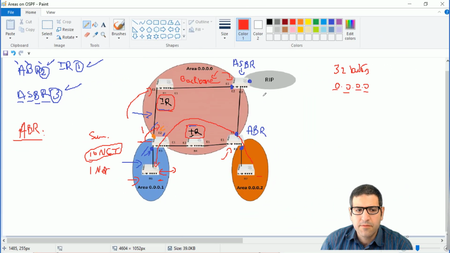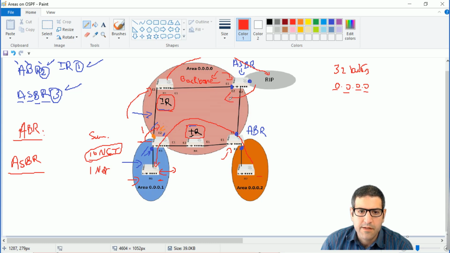Now, another thing to mention here about the ASBR. As we've seen here, it's connected to RIP. What the ASBR can do, to allow us from the backbone area to reach the network over here, is redistribute RIP inside OSPF.